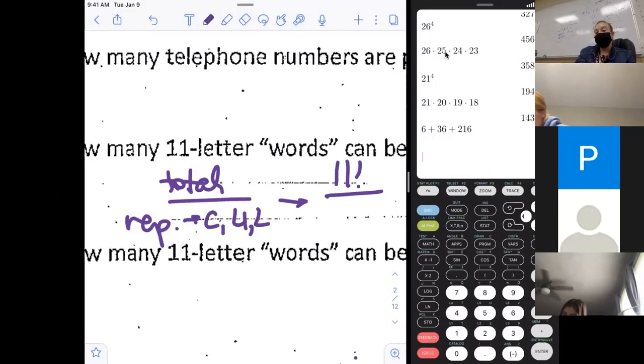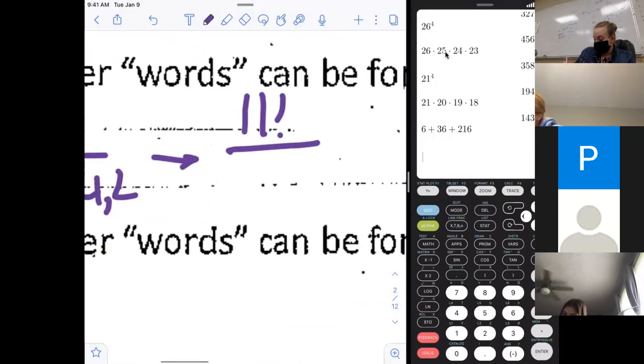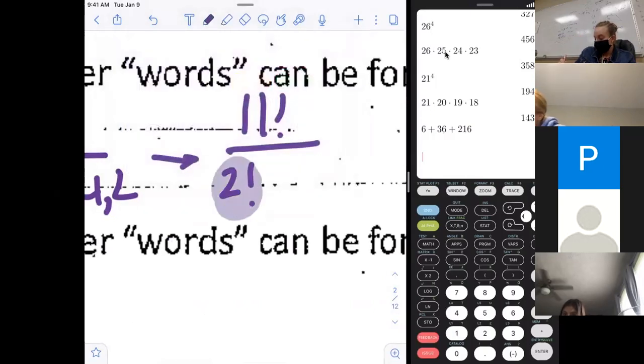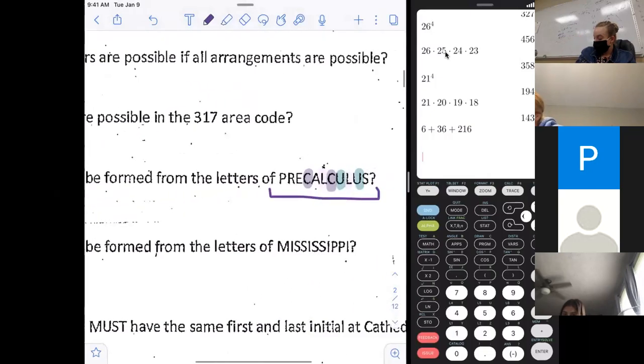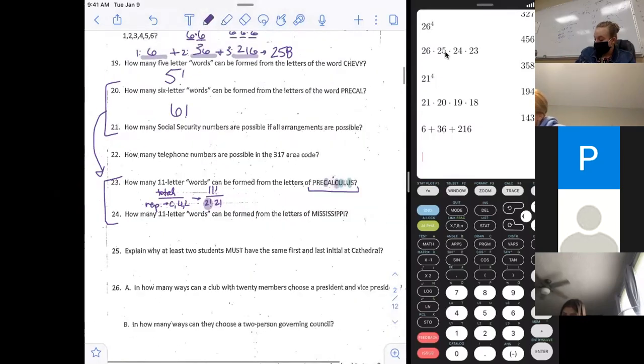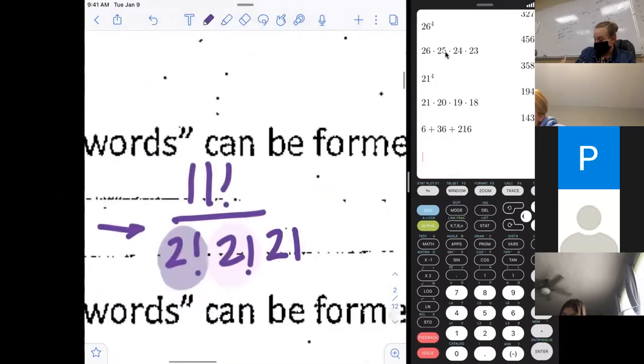Then I divide by the factorial of how many times C, U, and L are repeated. C is twice, so I divide by 2 factorial for my C. L is written twice, so I divide by 2 factorial for my L. And U is written twice, so I divide by 2 factorial for my U.